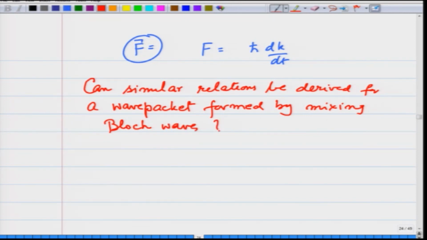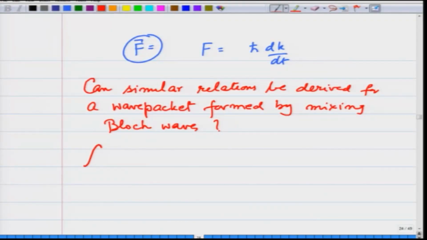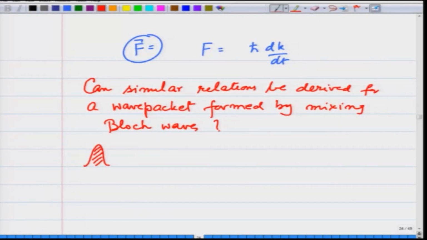Why Bloch waves? Because now the stationary state for a particle is given by a Bloch wave, and if I combine these Bloch waves, I may be able to localize a particle in a wave packet. So, first thing is, if I want to see a particle moving, I need to localize it in a wave packet and then see what the relations are.